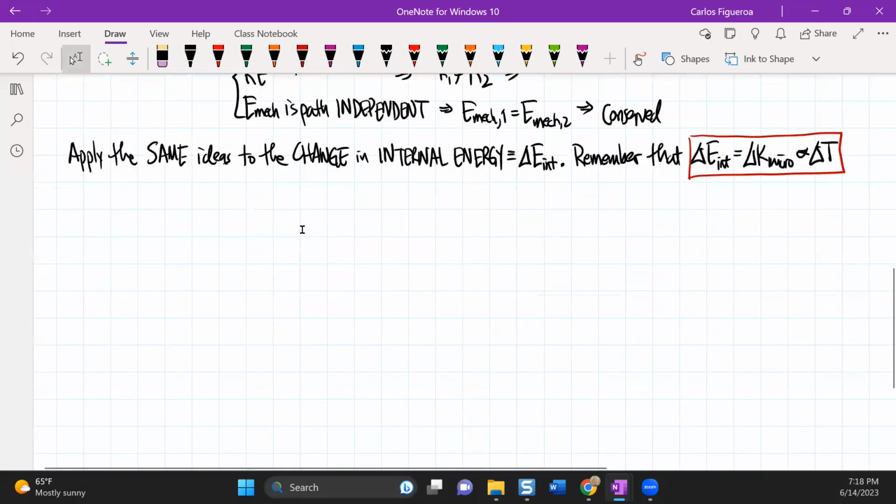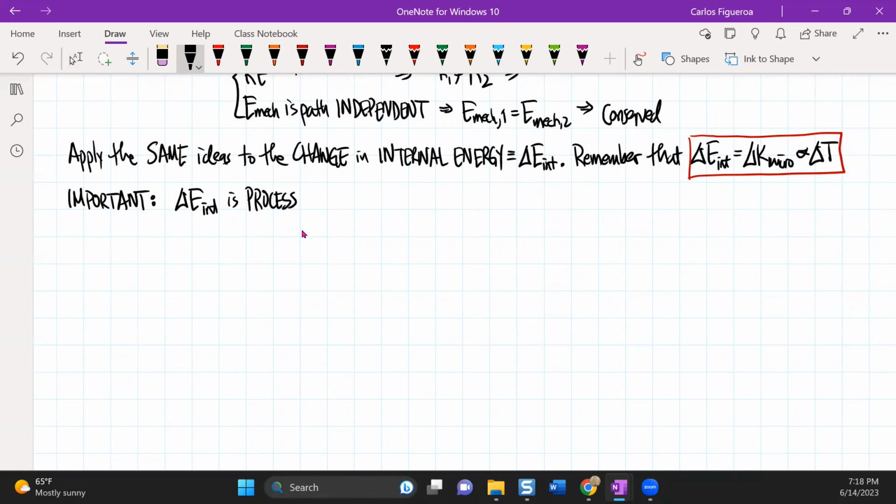So why is this an important piece? Remember, I'm going to take the same idea. We're saying that the change in internal energy is process independent. We've been talking about thermodynamic processes, but they also go by the name of a path.